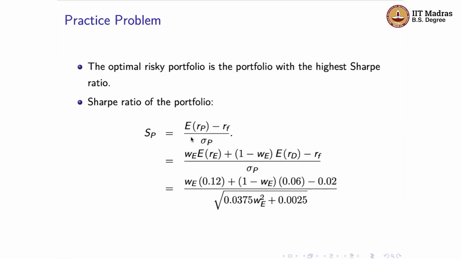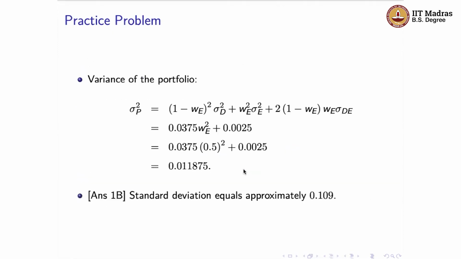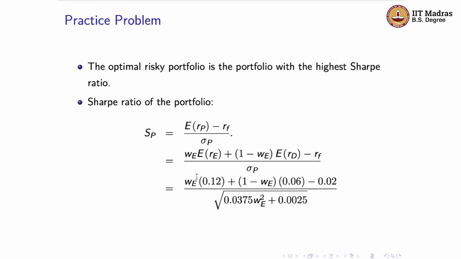So we can rewrite the expected return of the portfolio in our standard way. And sigma P, we have already derived an expression for, right? Which is this expression that we had here. And so therefore you end up getting the Sharpe ratio as a function of just WE. Now, at this point, you have to choose WE to maximize this Sharpe ratio.